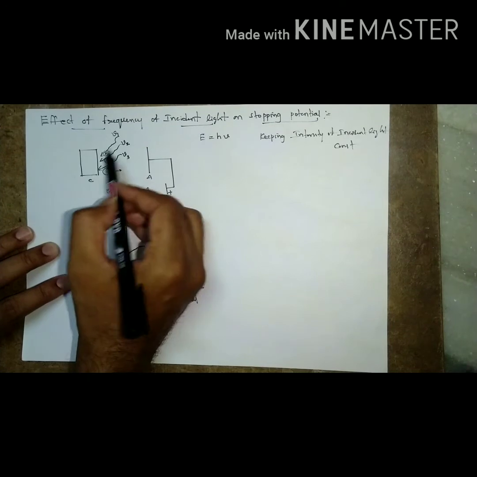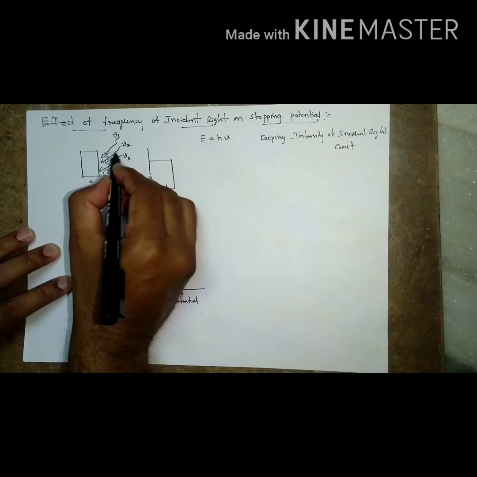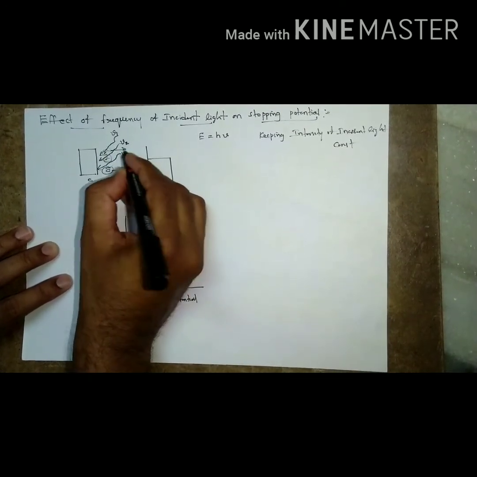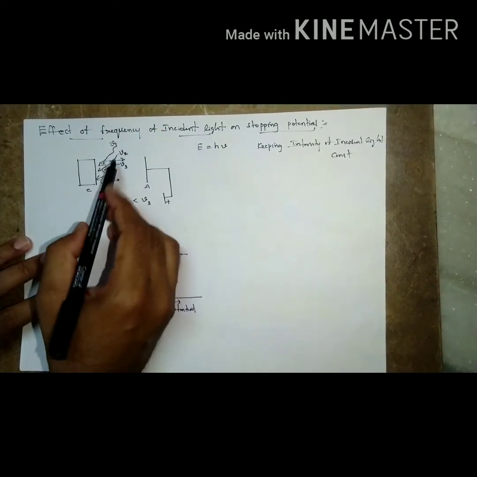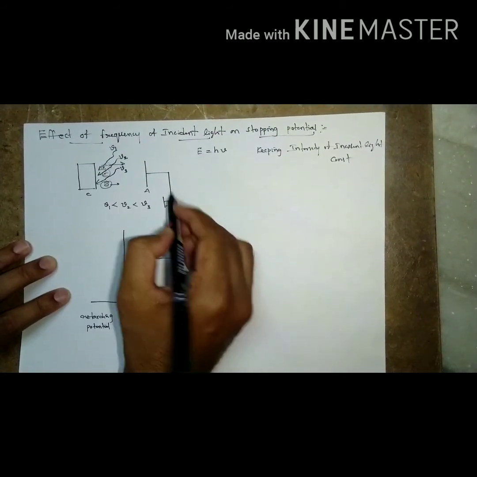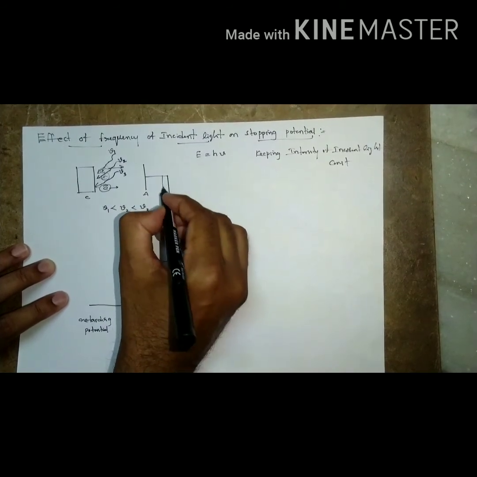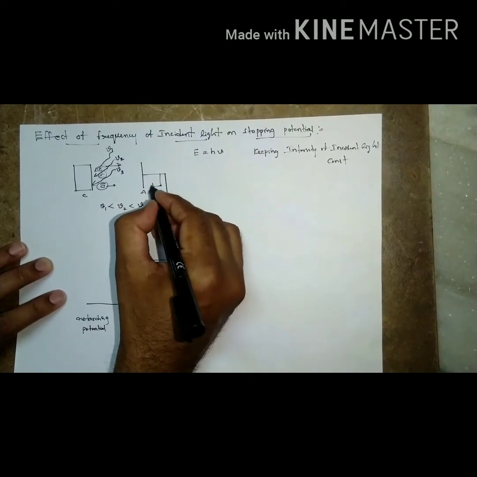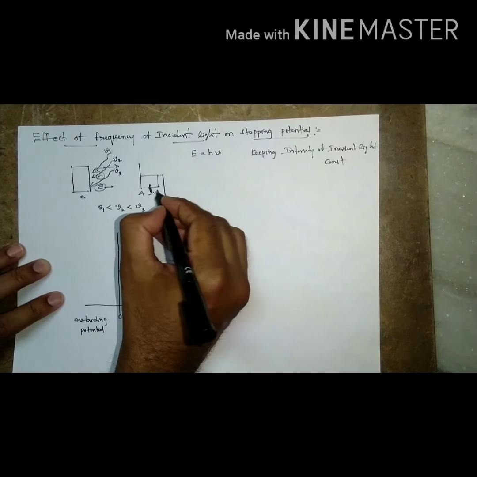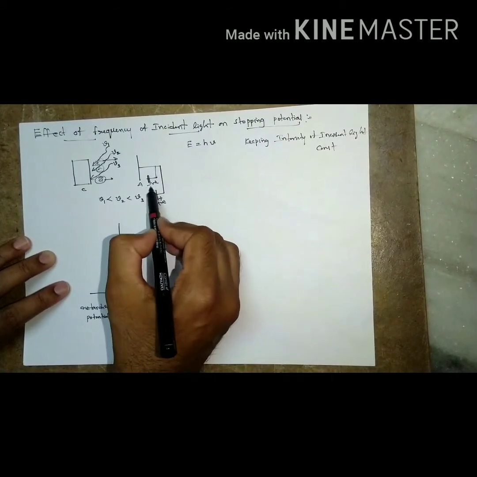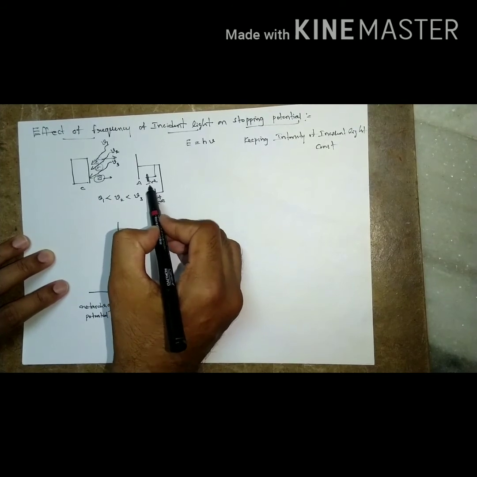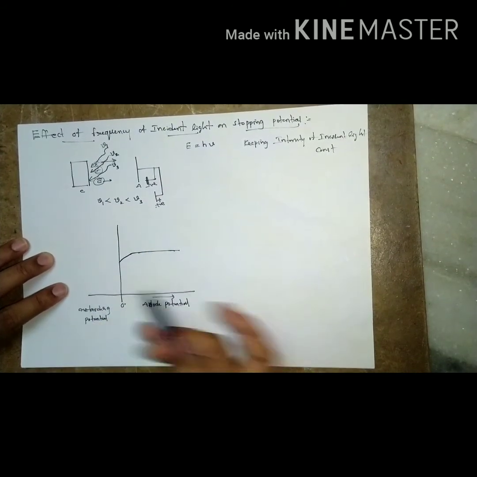For the lower frequency, the ejected electron energy is less, so it is easily stopped by increasing the negative potential. Suppose here we are applying negative potential; the anode is connected to the negative terminal of the battery by using a potential divider. Now this is the retarding potential.